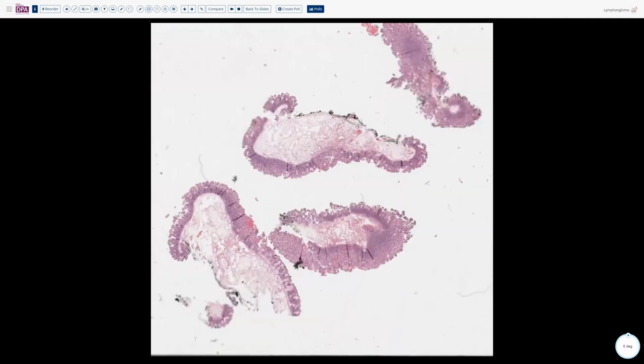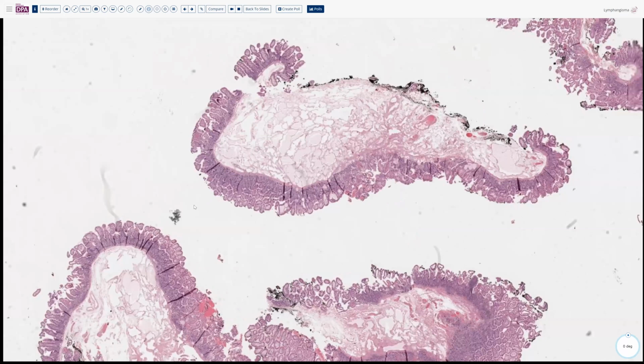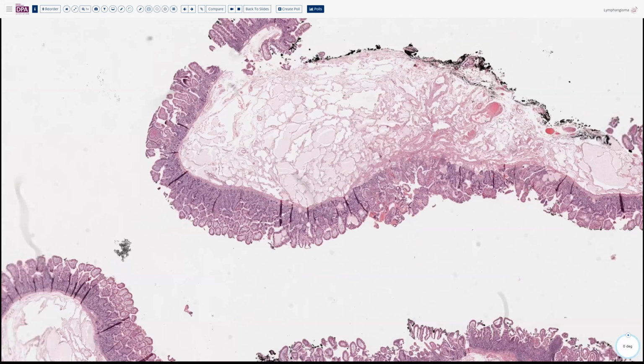Another example, again from the GI tract. Same story without the prominent intramucosal component. But again, in contrast, the blood vessel here with the lymphatic vessels, and you can see there's a significant difference.